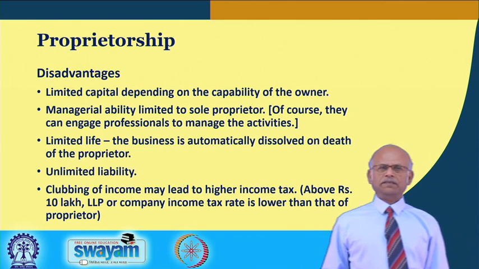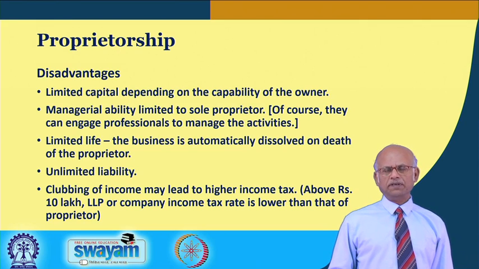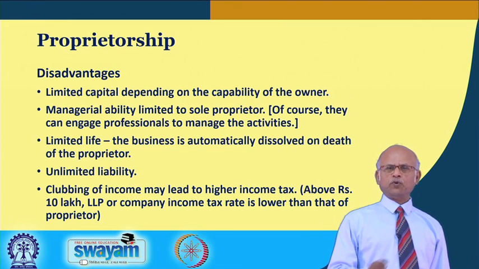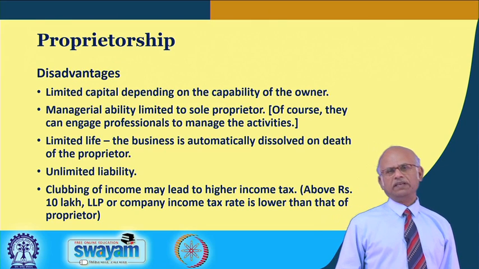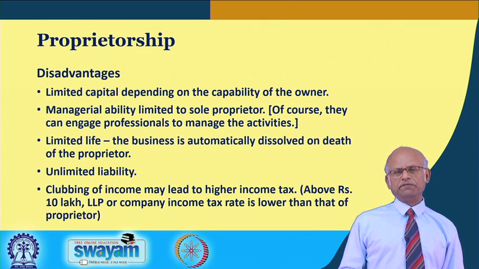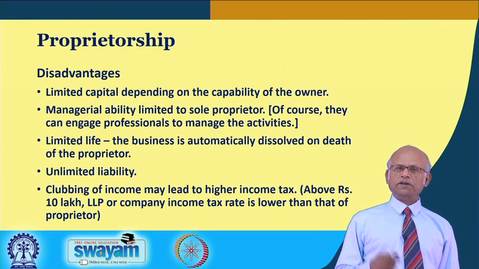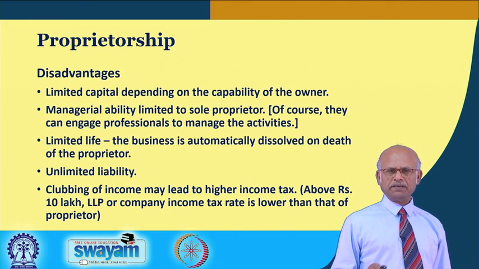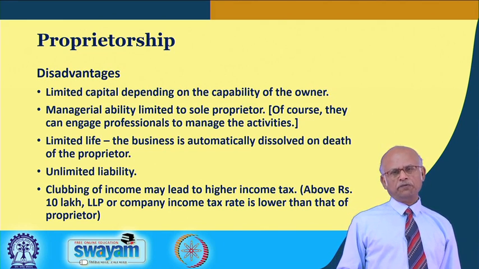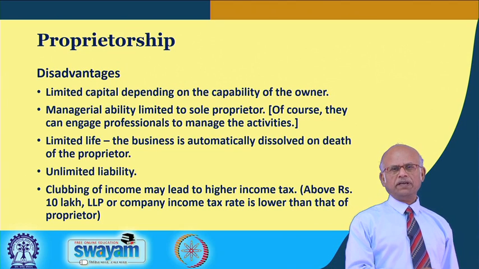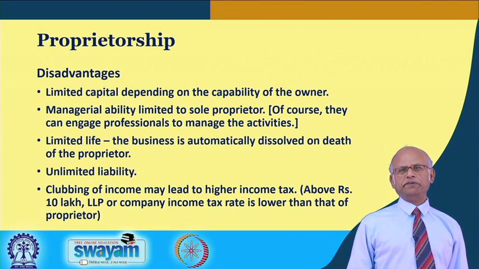Very importantly, the clubbing of income of the business and the proprietor, and paying tax as an individual sometimes is disadvantageous, because had it been a company, then beyond 10 lakh rupees of income, the rates are favorable for companies and not so favorable for individuals.